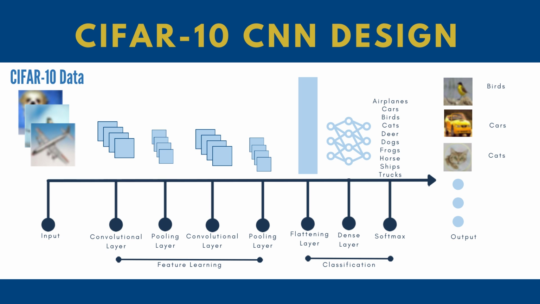We could have just done one, but there are two here, and maybe an additional set, a third convolutional and third pooling layer, would help provide more processing, more feature learning for the model.